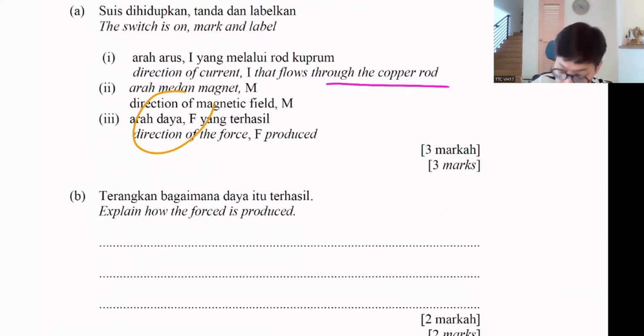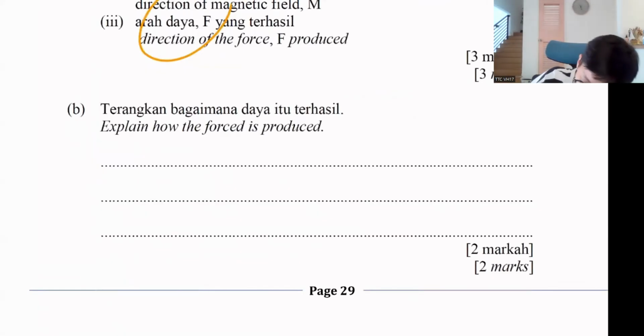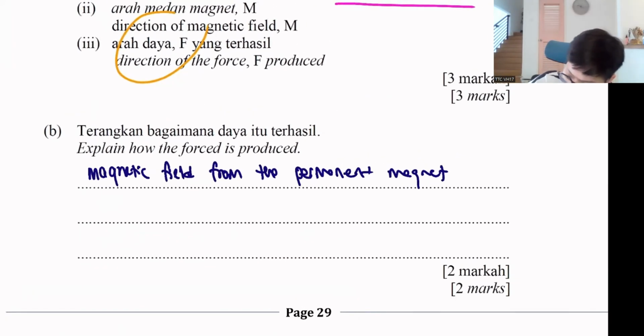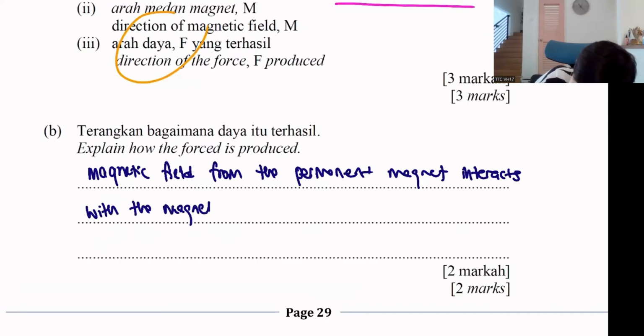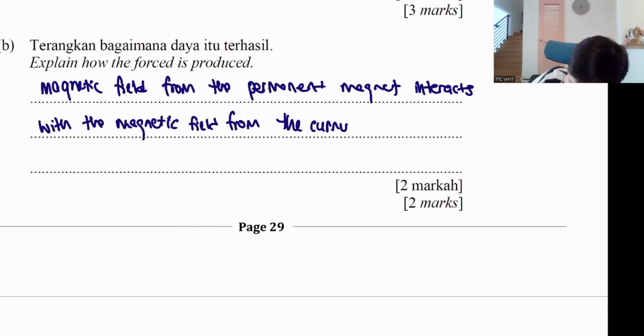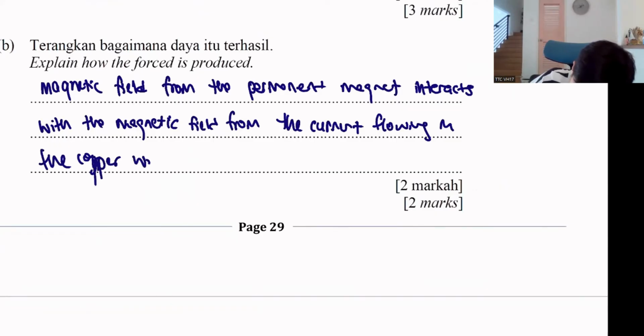So the answer here is, we say that the magnetic field from the permanent magnet interacts with the magnetic field from the current flowing in the copper wire.